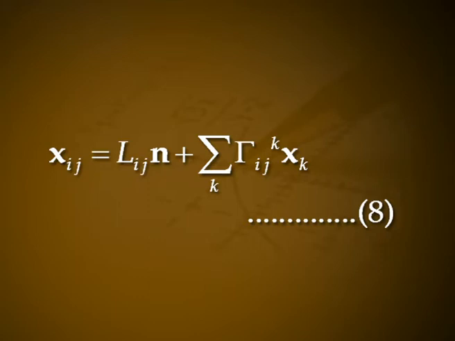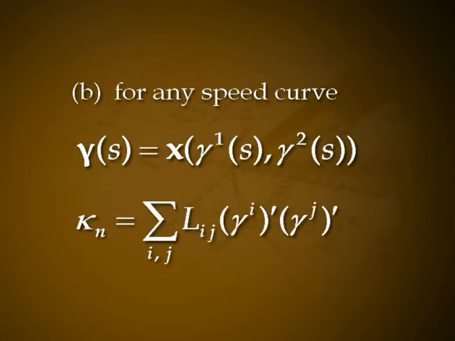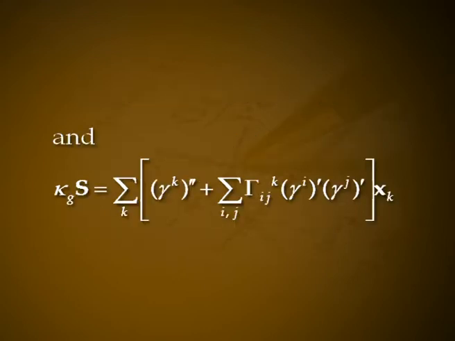Then, (a) Gauss's formula: x_ij = L_ij n + Σ over k of Γ_ij^k x_k, equation number 8. (b) For any unit speed curve γ(s) = x(γ1(s), γ2(s)), χ_n = Σ over ij of L_ij γ_i' γ_j', and χ_g S = Σ over k of (γ_k'' + Σ over ij of Γ_ij^k γ_i' γ_j') x_k.